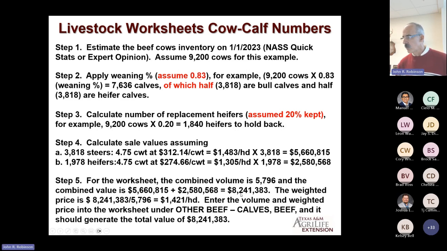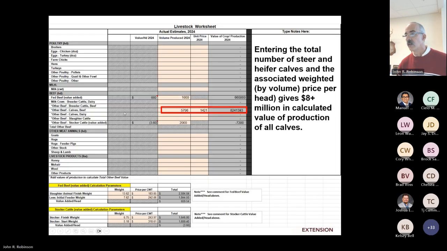The total value is 8.2 million. If you divide that by the 5796, it'll give you a weighted value per head of 1421. And you could put all that on the other beef calves line, and the worksheet would take it, and I would know what you were talking about. So that's sort of the data nerd way to do it.